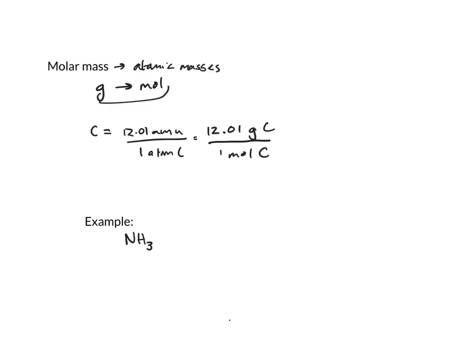They're those atomic masses, but they're in units of grams per mole. So for example, if I'm finding the molar mass of NH3, I have 1 nitrogen and 3 hydrogens that make up a molecule of NH3. If I look on the periodic table, nitrogen has an average mass of 14.01 grams of nitrogen for every 1 mole of nitrogen, and I have 1 of those, right?